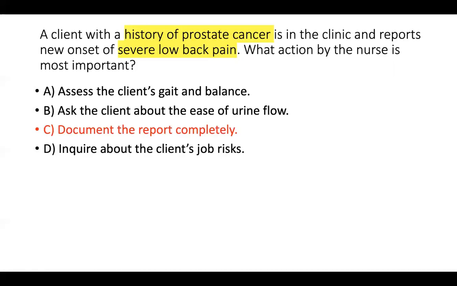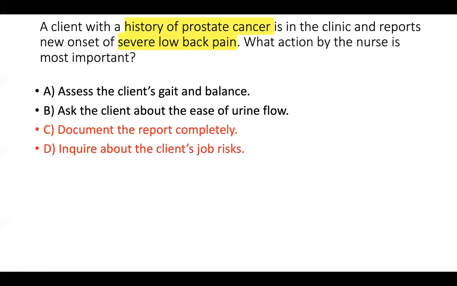So that's the next step. I want you to try to eliminate one that doesn't really answer or does not satisfy the question. The other one we can take off is to inquire about the client's job risk. That does address possibly the severe low back pain.